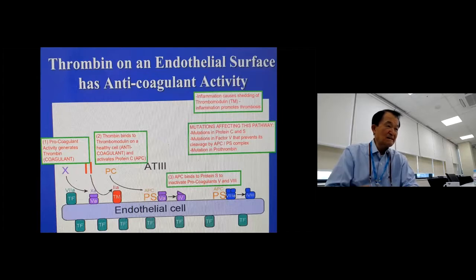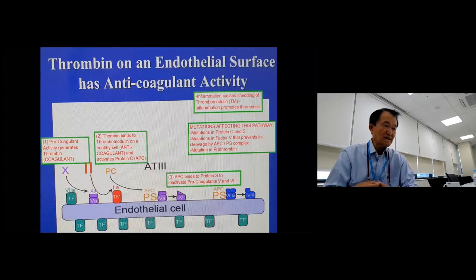So the thrombin itself on endothelial surface has an anticoagulation activity. Yeah.